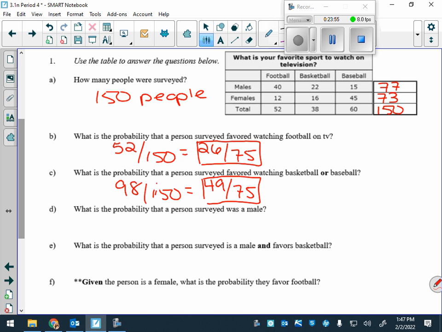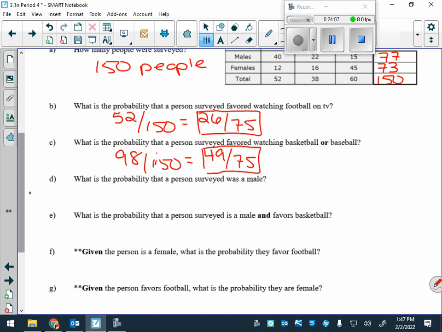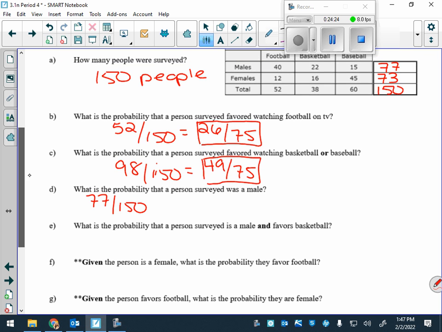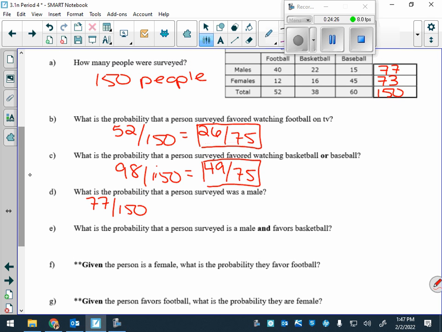So for this one where it says or, we added together basketball and baseball totals. What is the probability that a person surveyed was male? Liam. 77 over 150. Good. Excellent. Okay, so here, important. What is the probability that a person surveyed is male and favors basketball?